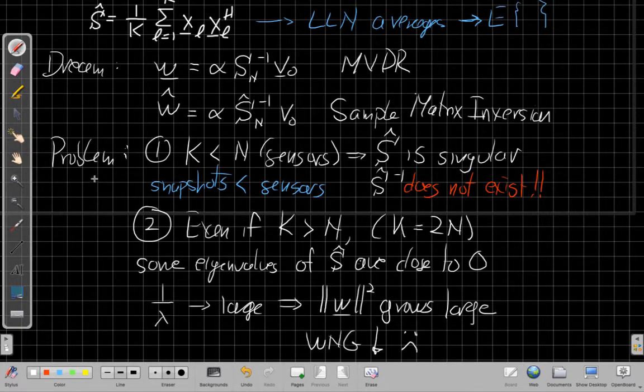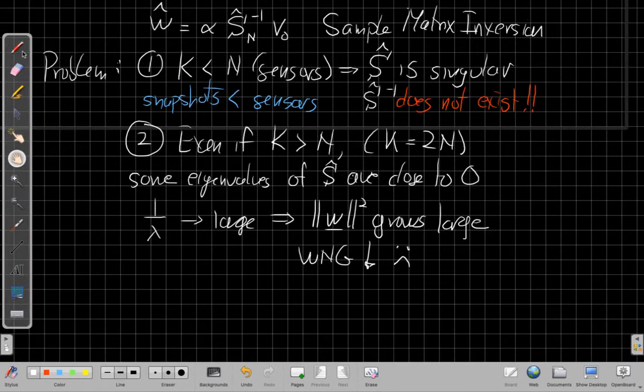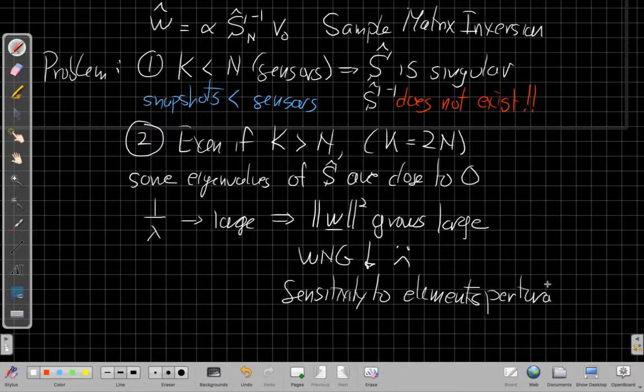And we also saw that my sensitivity to perturbations in the elements, either in their location or in their phase and gain, gets more sensitive as the norm of w squared grows large too.